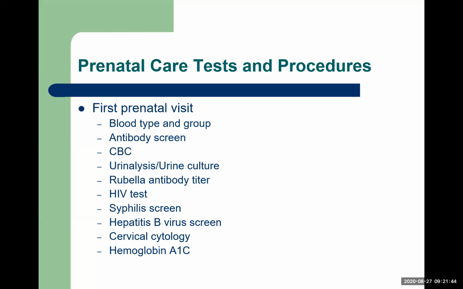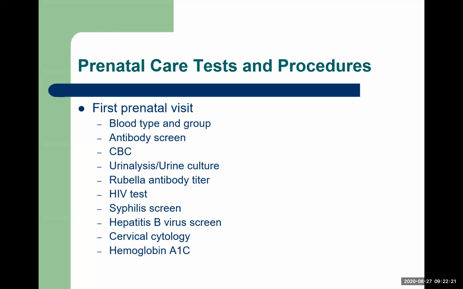The blood type and group, as well as an antibody screen, is a very important test because we want to see if this patient has any antibodies that may give her a risk for fetal anemia, the most common one being Rh isoimmunization. But there are others, like Kell and Duffy and other antibodies, that may also cause significant problems in a pregnancy.